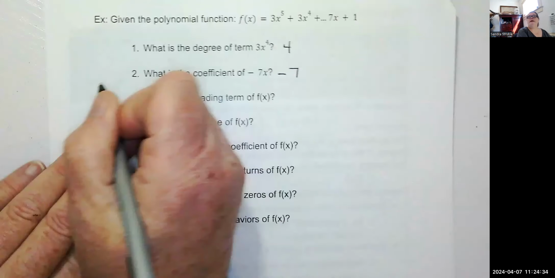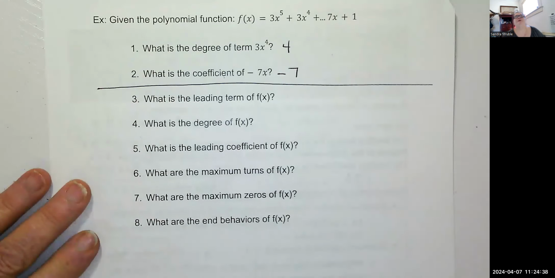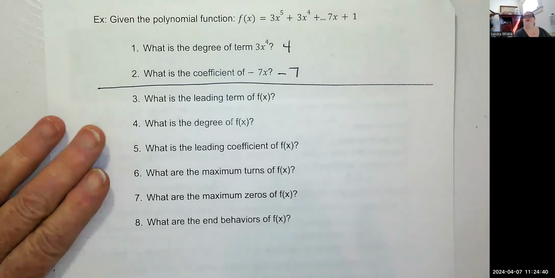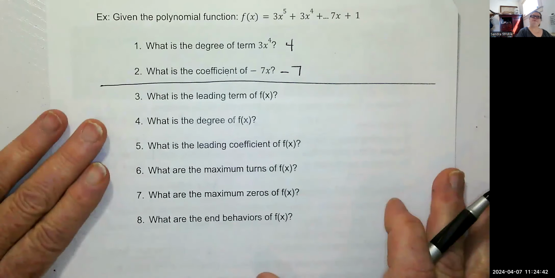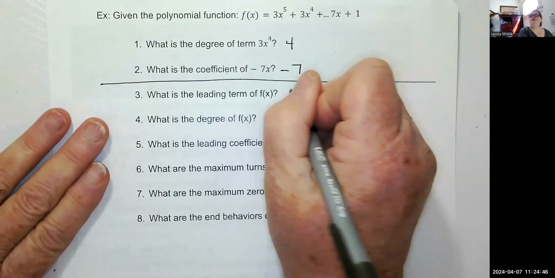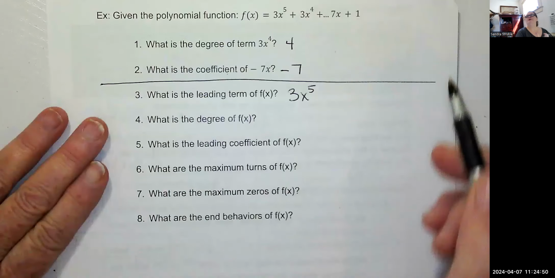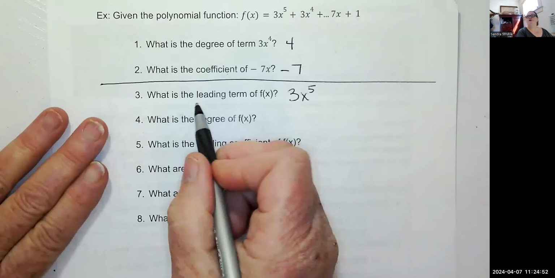Now, everything else is going to reference everything else we've been discussing up to this point about the polynomial itself, not specific terms. What is the leading term for this polynomial? And the answer for that is 3x to the 5th. That is our highest exponent. It's our highest degree. So therefore, it is our leading term.